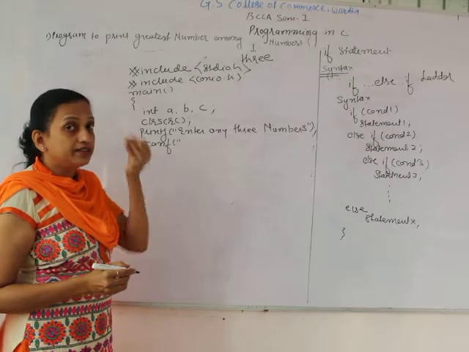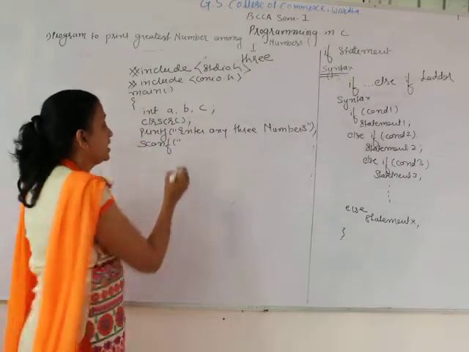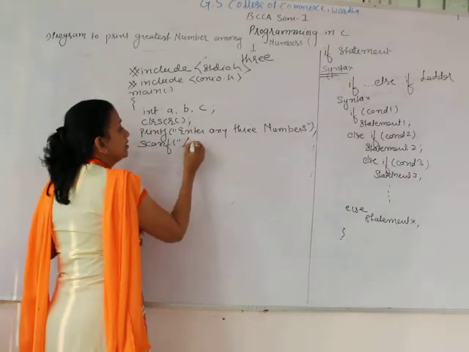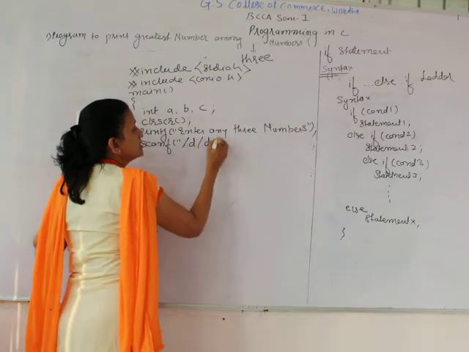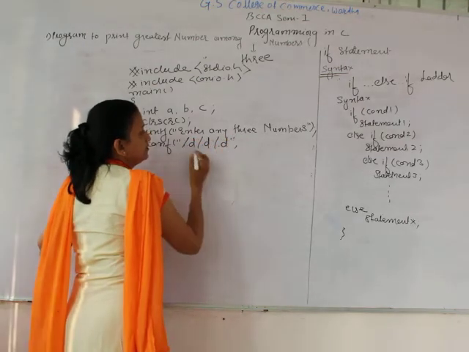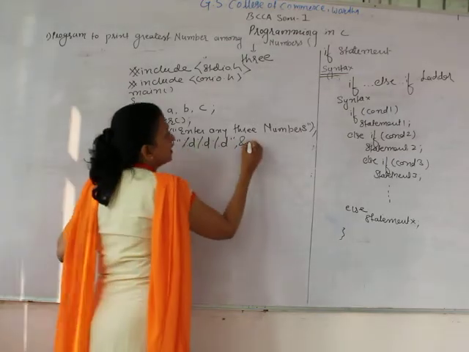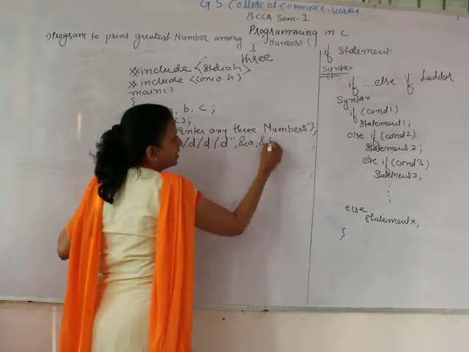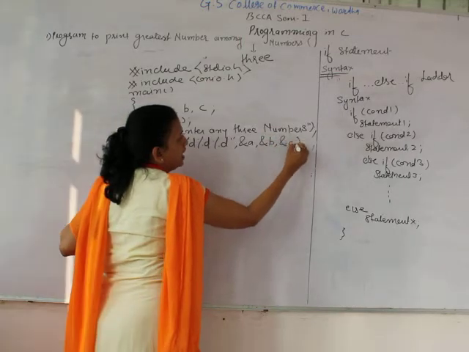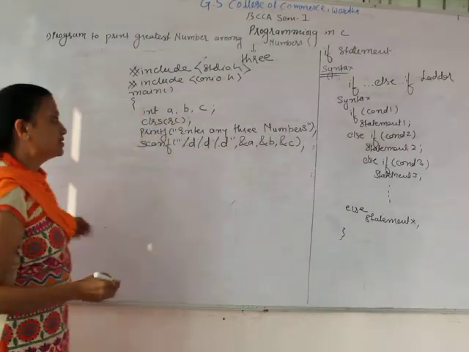Here we are reading three integer values, so we have to use %d, %d, %d. The first %d is the integer value stored at the address of A, the second at the address of B, and the third at the address of C.